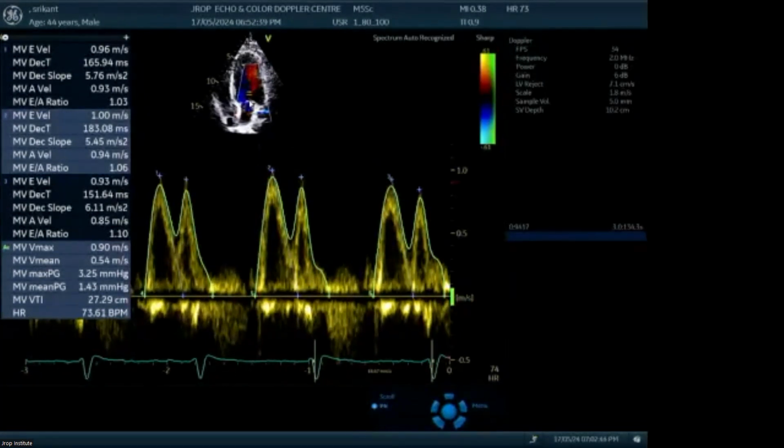Wait for some time. They have their own significance. The E wave is when the left atrium empties at the beginning of mitral valve opening, at the beginning of diastole. Initial emptying is the E wave.